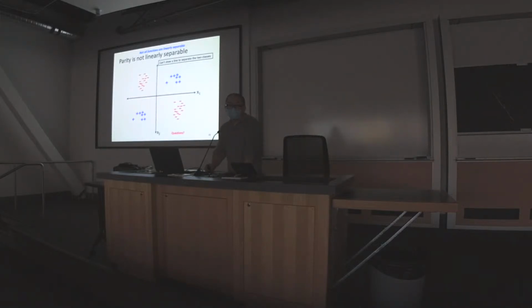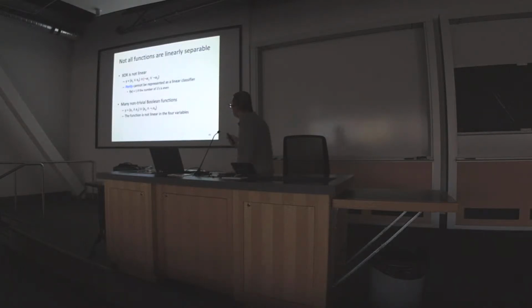This actually exposes the weakness of linear classifiers. A typical Boolean function which has the parity property is called XOR. For the XOR function, you will never be able to find a linear classifier to separate positive examples and negative examples.